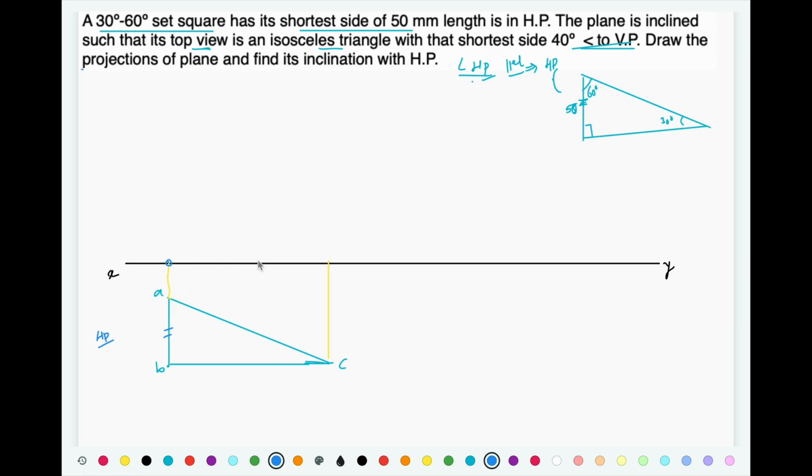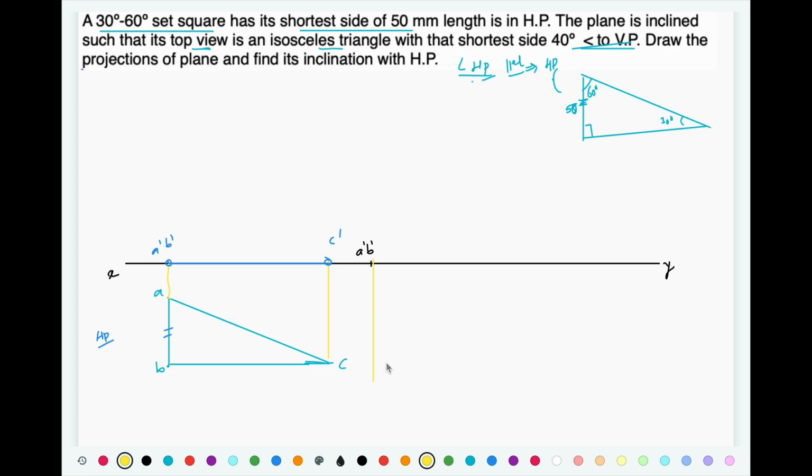So front view is going to appear on XY. So this is A dash, B dash, and this is C dash, and this is going to be our front view. Once you have located front view, at some random distance, let's locate A dash, B dash once again.